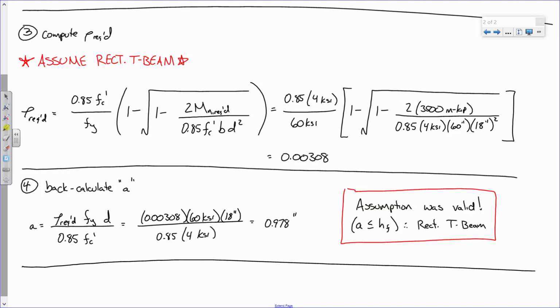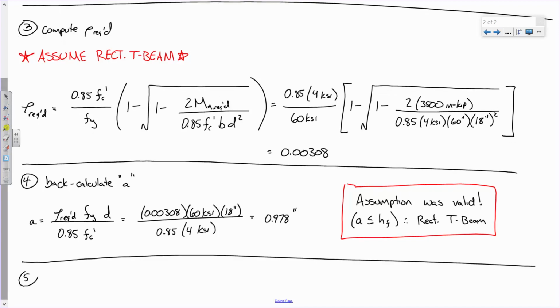Okay. And so if it's a rectangular T-beam, what do we do? We go to step 5. And what do we do on step 5? We just compute rho BD. So step 5.